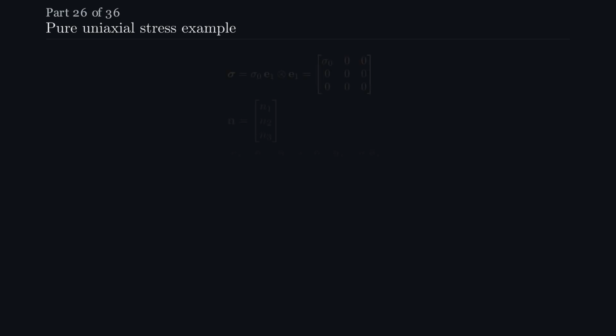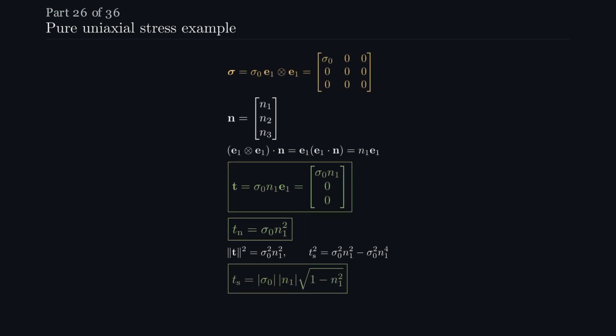A uniaxial stress can be written as sigma 0 times E1 tensor E1. Using the dyadic identity, the traction on an arbitrary plane is sigma 0 n1 E1. The scalar normal stress is sigma 0 n1 squared. The shear magnitude shows why an inclined plane in uniaxial stress generally has shear traction.